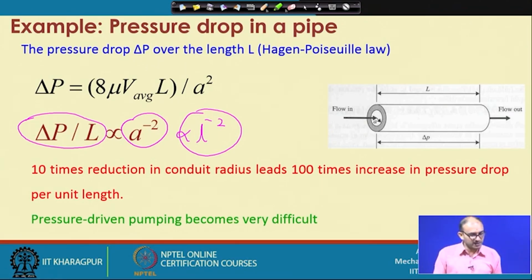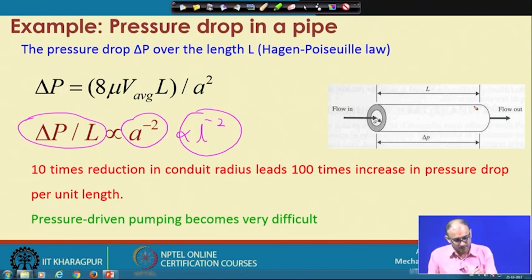There are many examples in this case, where people put a piezo actuator on the surface, and this tube is a flexible tube.